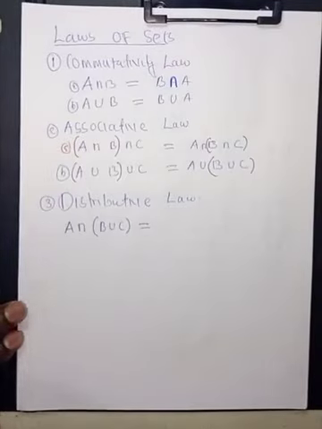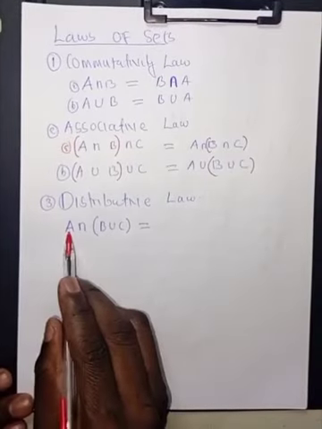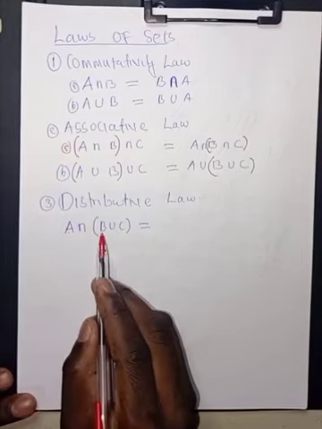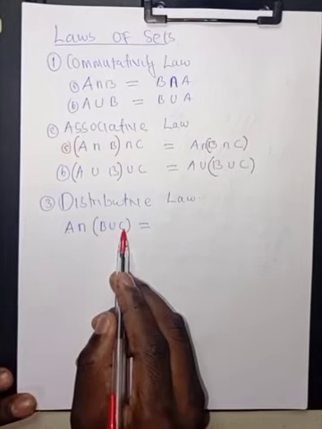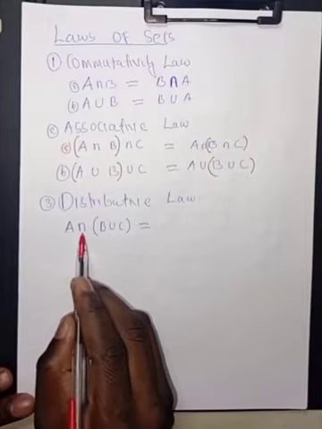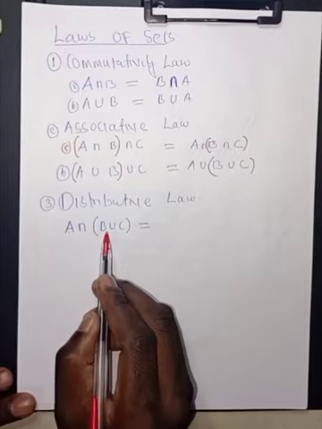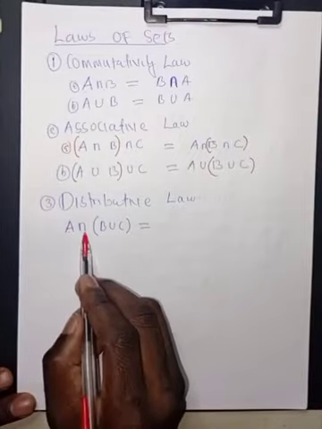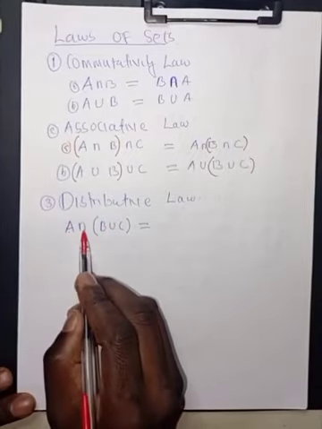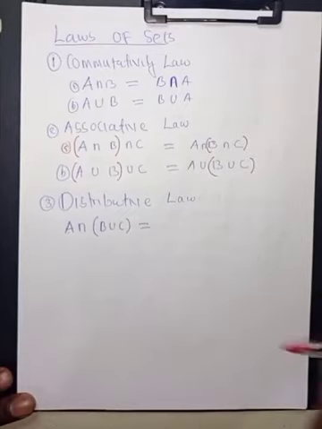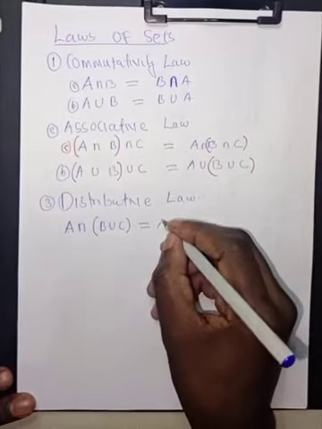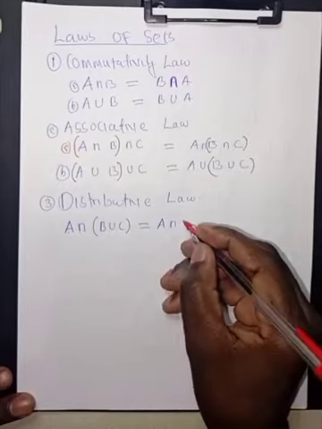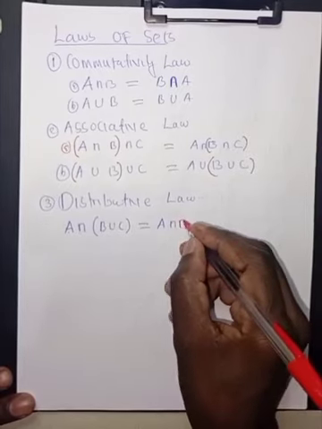Now let's come back to this one here. We have A and the intersection outside, then inside the brackets we have B union C. What it means is that A intersection is multiplying what is inside the brackets. At first A intersection should go with B, and then A intersection should go with C. So this can be equal to A intersection B, in the first case.